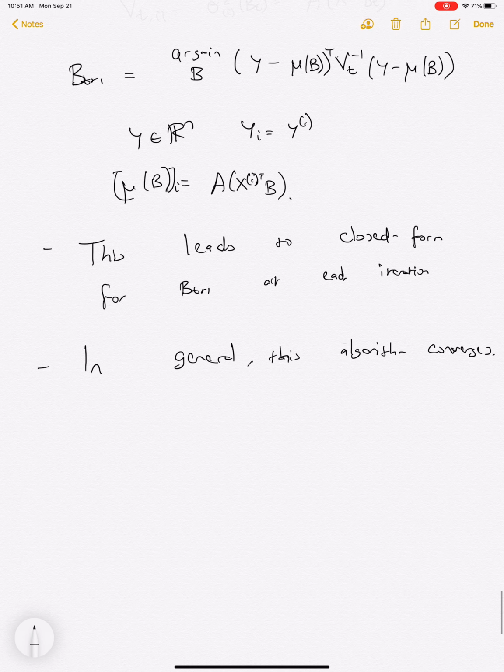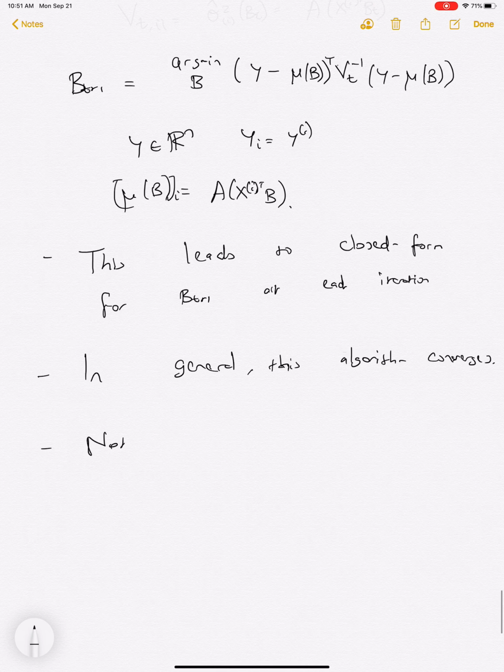So one thing to note is there's no need to choose step sizes.